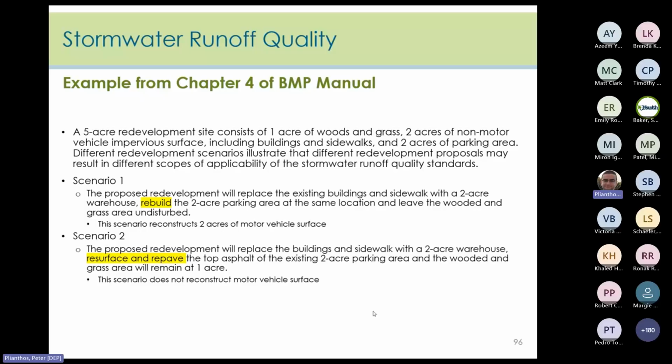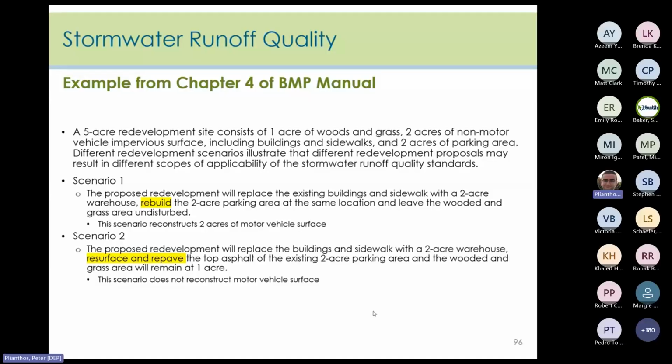Here's another example. A 5-acre redevelopment site consists of 1 acre of woods and grass, 2 acres of non-motor vehicle impervious surface, including buildings and sidewalks, and 2 acres of parking area. Different redevelopment scenarios illustrate that different redevelopment proposals may result in different scopes of applicability of the stormwater runoff quality standards.